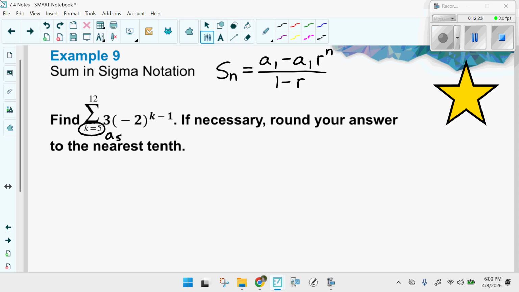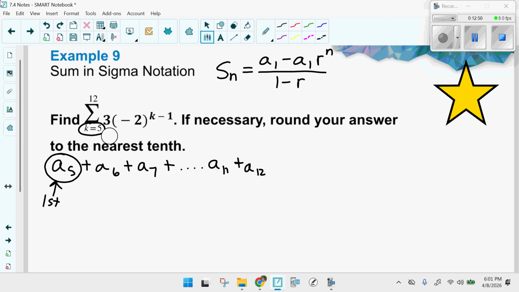So this 5 to 12 is telling me we're going to add up a sub 5 plus a sub 6, a sub 7, all the way to a sub 11 plus a sub 12. But technically this 5 is a sub 5. This is the first term I'm going to add up. So to find that first term, I'm going to take the 5 and put it into my function up here.